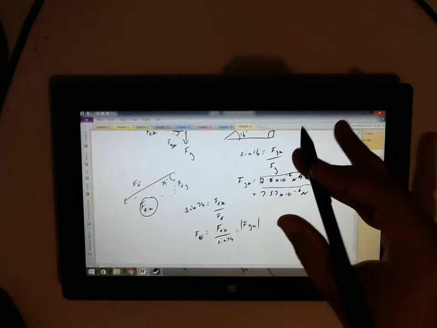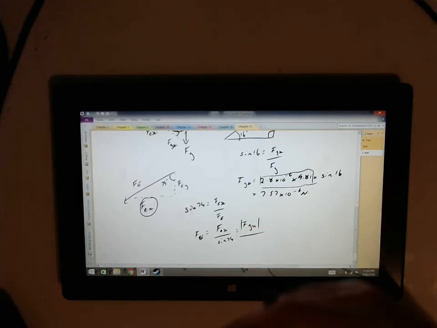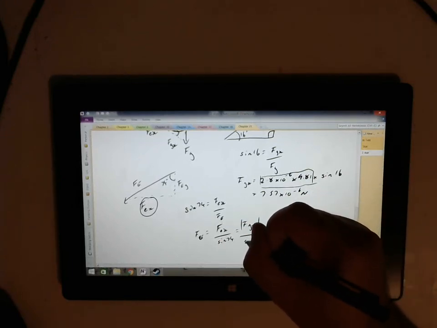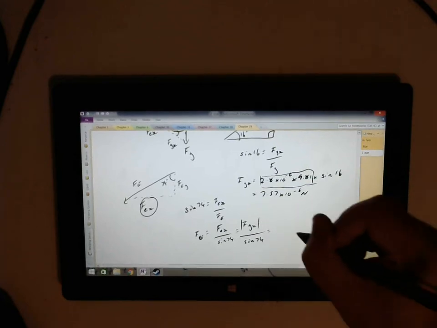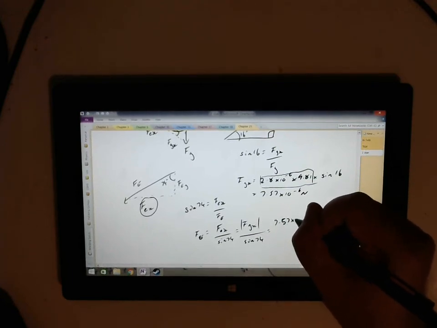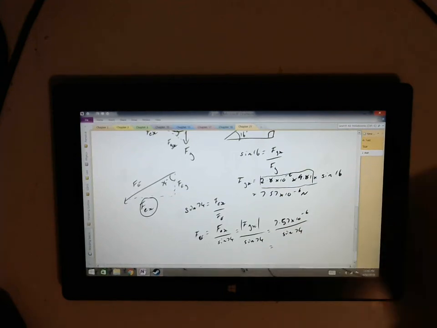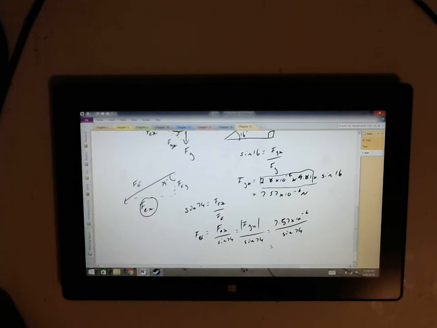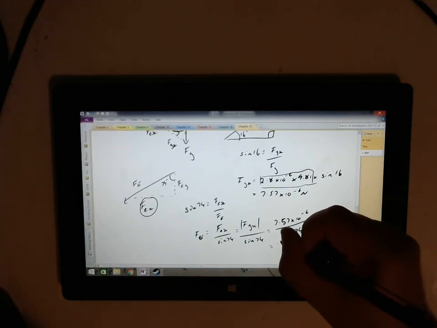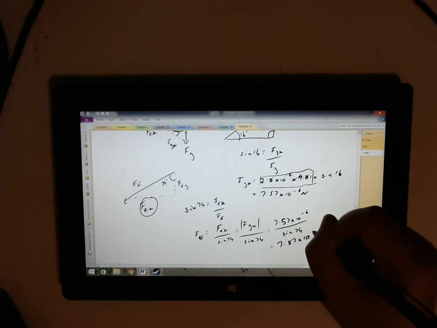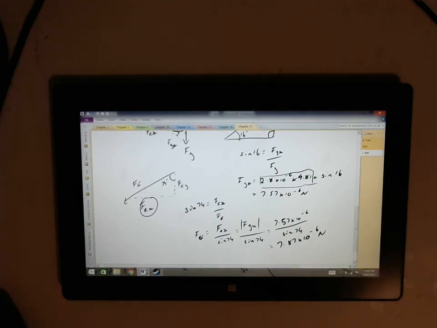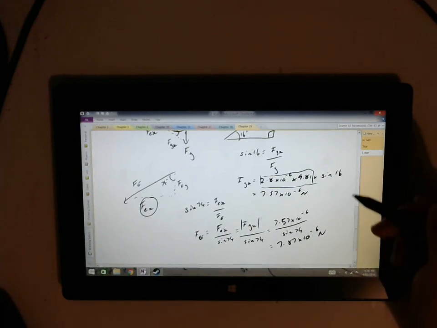I'm kind of ignoring the negative there because I only really care about the size of this actual thing, over the sine of 74, which equals 7.57 times 10 to the negative 6 over sine 74. 7.57 times 10 to the power of negative 6 divided by the sine of 74 degrees gives us an answer of 7.87 times 10 to the negative 6 newtons. So that's the total force being felt by this particle.